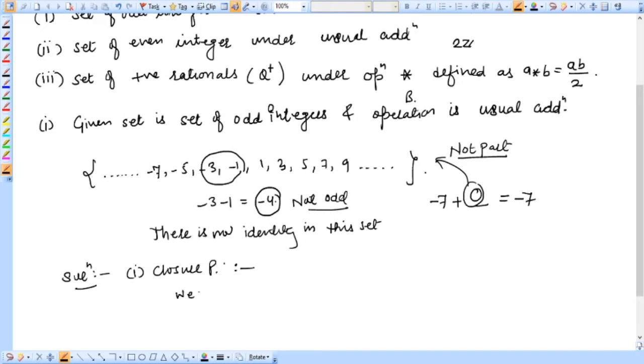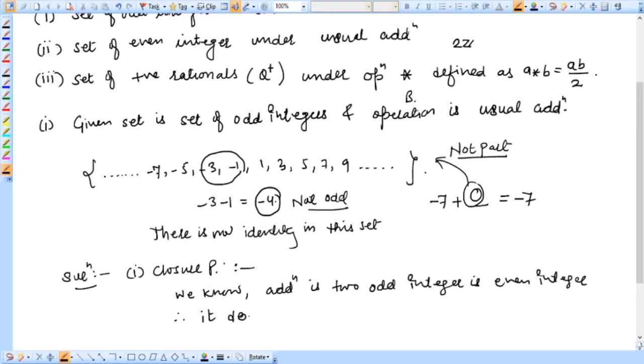We know addition of two odd integers is an even integer, therefore it does not satisfy the closure property, right?